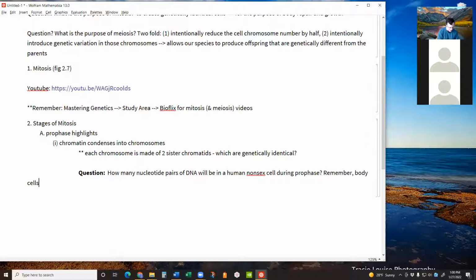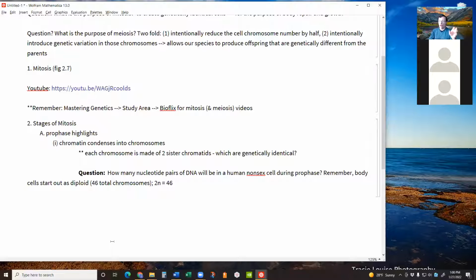So body cells have 46 total chromosomes. That represents the 2n equals 46 condition: two copies of every chromosome. Chromosome number 5 from mom, chromosome number 5 from dad, chromosome number 17 from mom, chromosome 17 from dad. You have two copies.